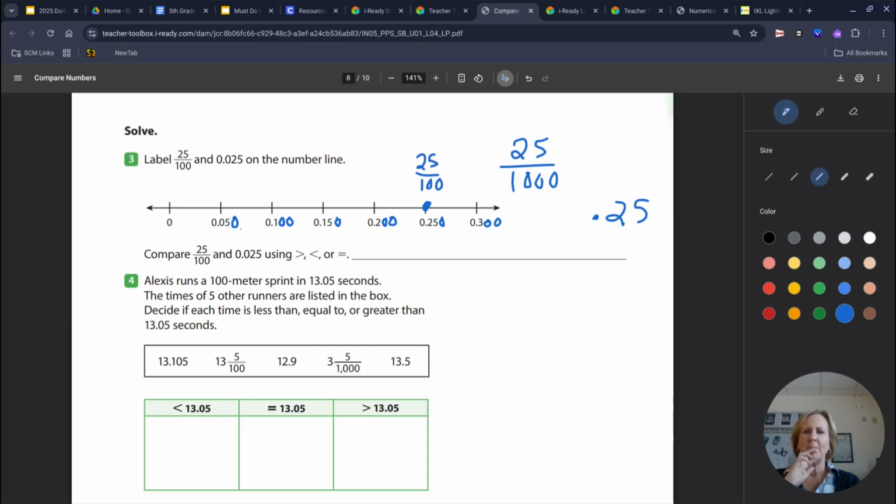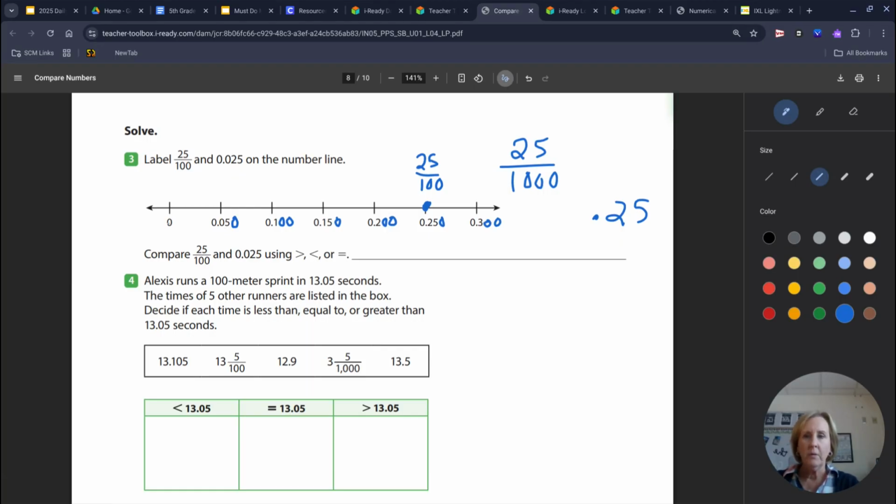So now you might be like, all right, we've got this 25 thousandths, and I don't see 25 on here. Well, I see 25 here, but that's 250 thousandths. This is 200 thousandths. This is 150 thousandths. 100. I only have 25. This one's 50.